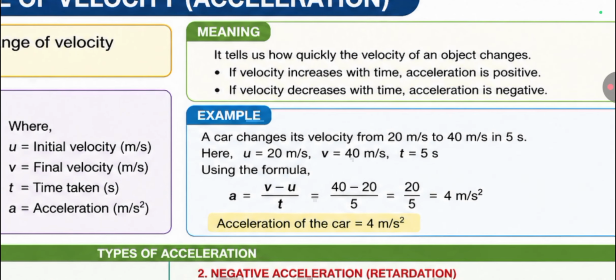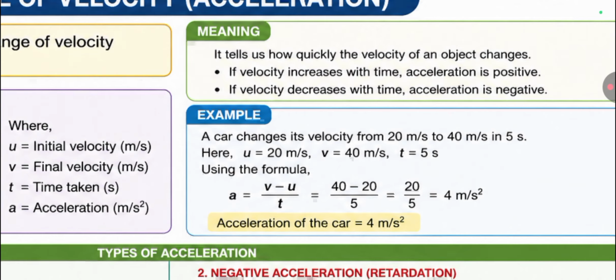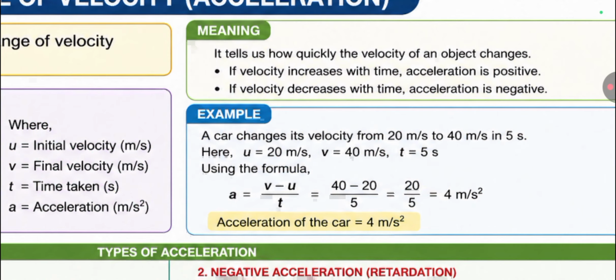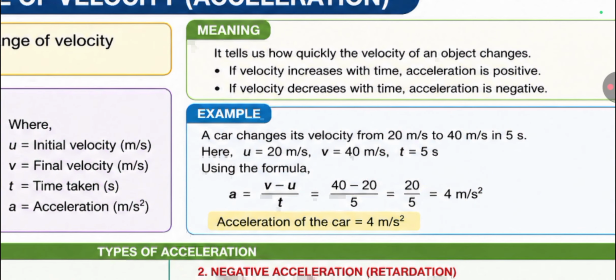A car changes its velocity from 20 meter per second to 40 meter per second in 5 seconds. Here u, the initial velocity, is equal to 20 meter per second, v, the final velocity, is equal to 40 meter per second, and time taken t is equal to 5 seconds.